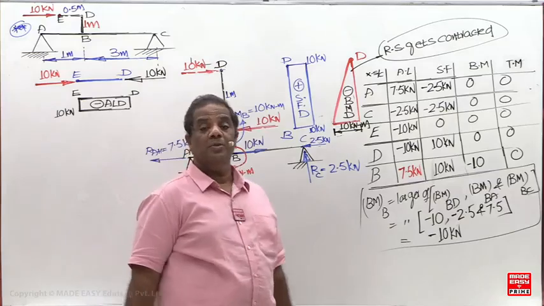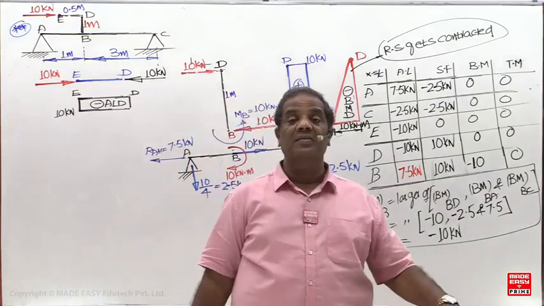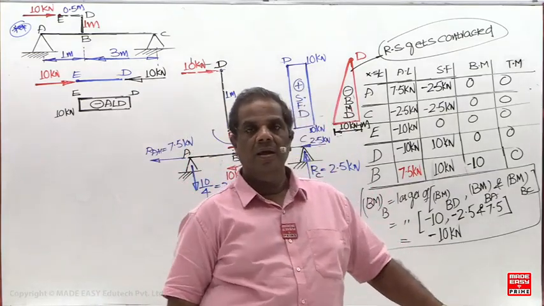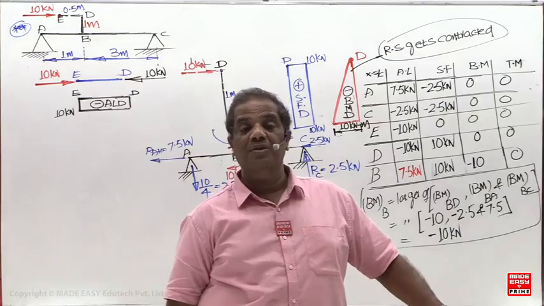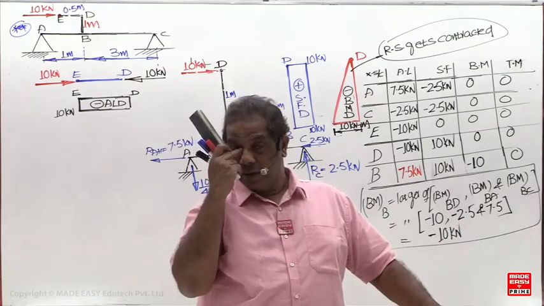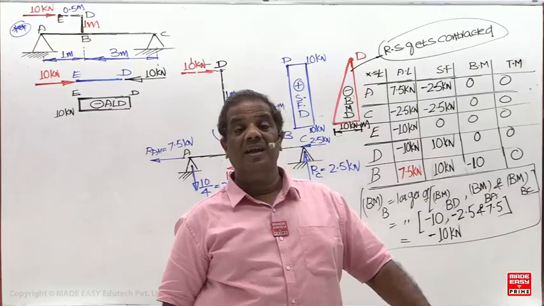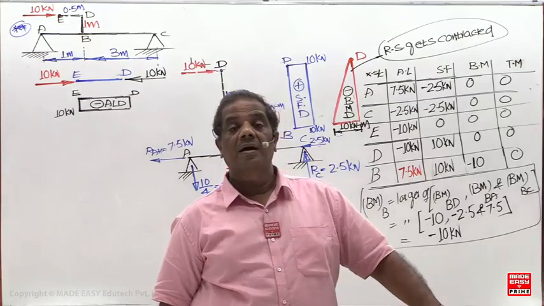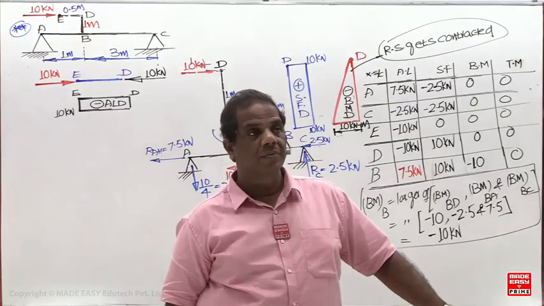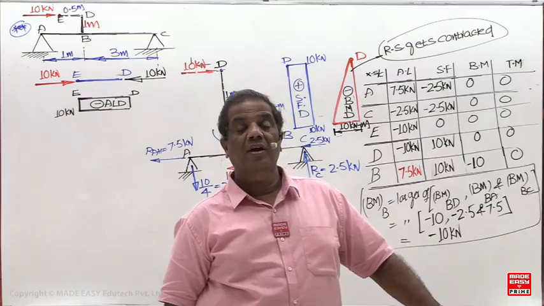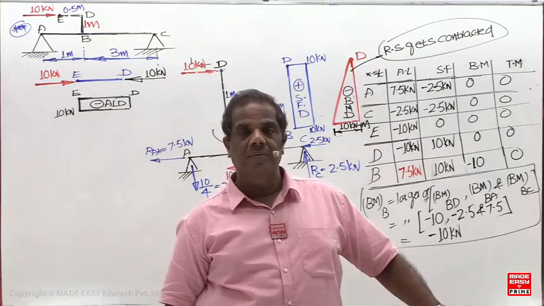Top contraction positive, nobody will get it out, because that is given in the textbooks. Top contraction, sagging is positive, hogging is negative. There nobody is going to get it out. But here, sir, why have you taken right side contraction negative? Why not left side contraction negative?